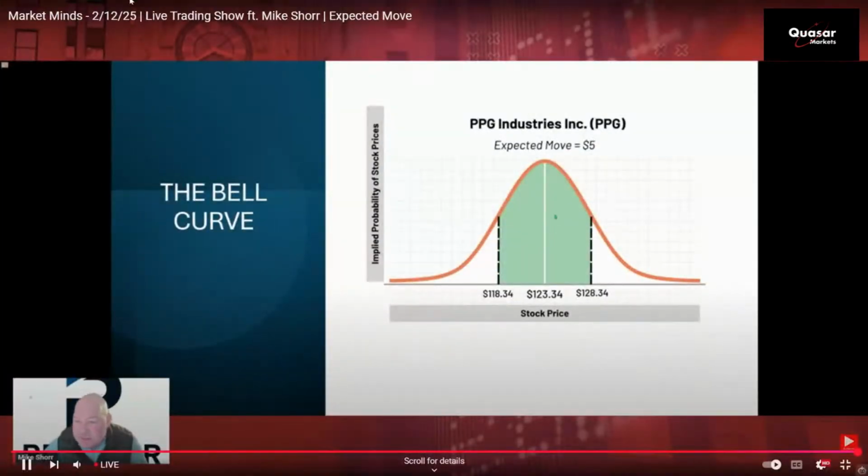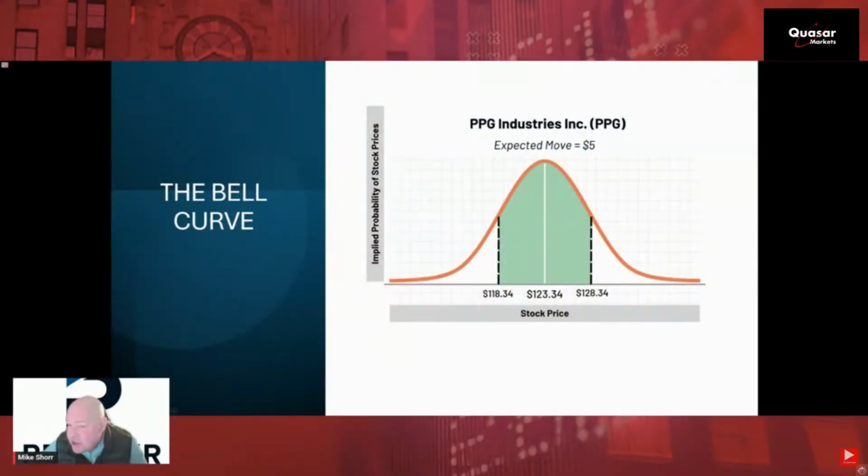So if the expected move on one standard deviation is $5, then it would be $10 on either side. That should happen statistically 95% of the time. And if you went out to three standard deviations, that would be an expected move of $15 on each side, and that is about 99% of the time.